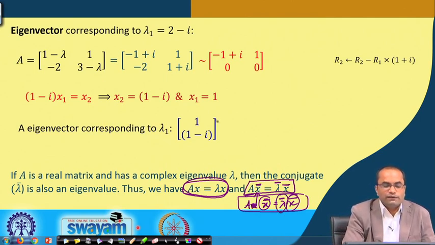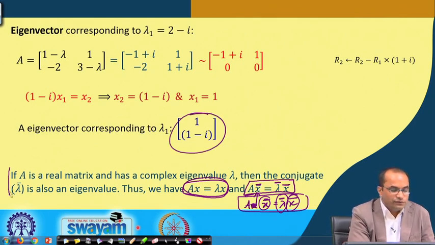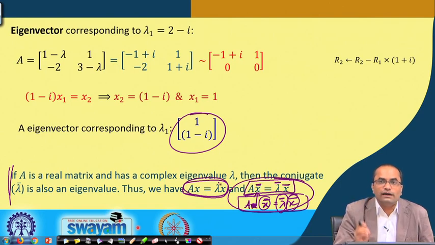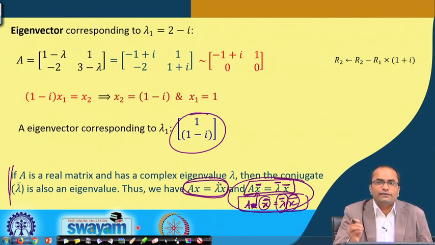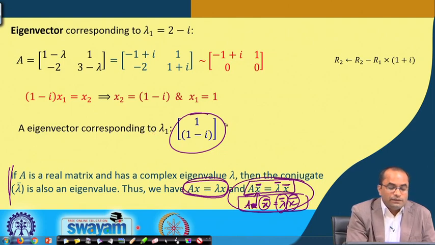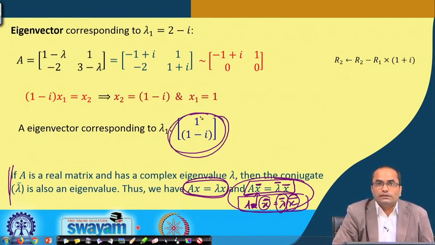Indeed, we do not have to compute this, since we know from this result that once we have the eigenvector corresponding to one complex value of lambda, its conjugate will be the eigenvector of the other conjugate eigenvalue.